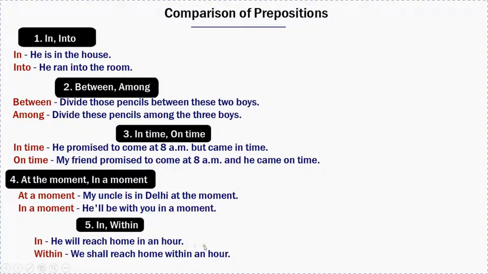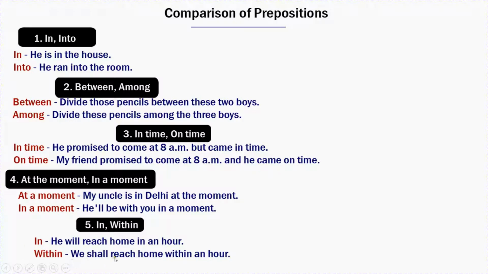Both are looking alike. And you can also get confused. You will think that both the sentences are almost same. But children, when we are saying he will reach home in an hour, we know that an hour means 60 minutes. So a person can reach in 10 minutes also, 15 minutes also, 20 minutes also. Means in 60 minutes at any time he can reach.